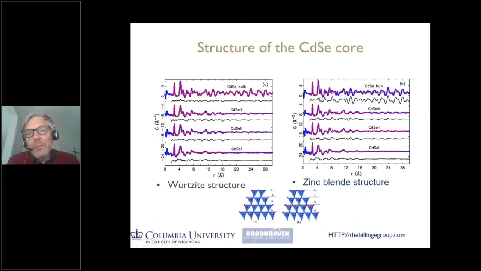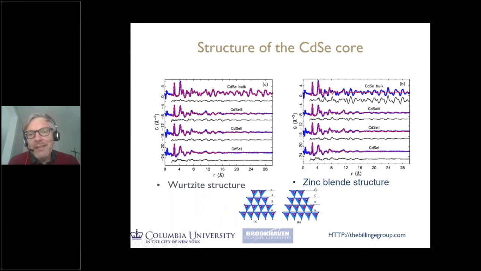In the case of these, one question that we had was whether the underlying structure was wurtzite or zinc blende. These are two different structural candidates for the cadmium selenide. And what differentiates them is actually stacking. They're made up of corner-shared tetrahedra, but they just stack differently. So in wurtzite, it's an AB stacking along a certain crystallographic direction.